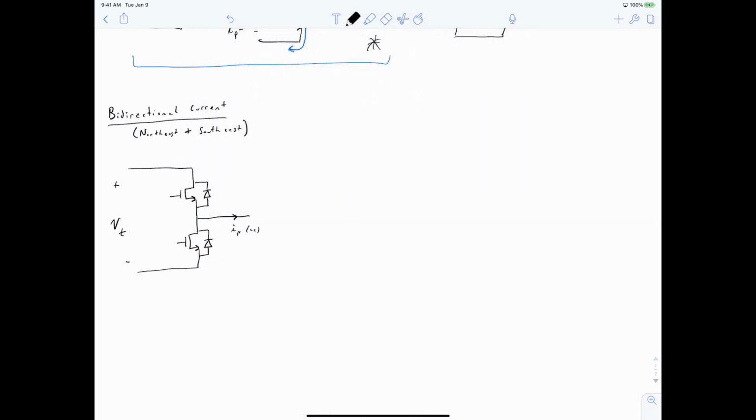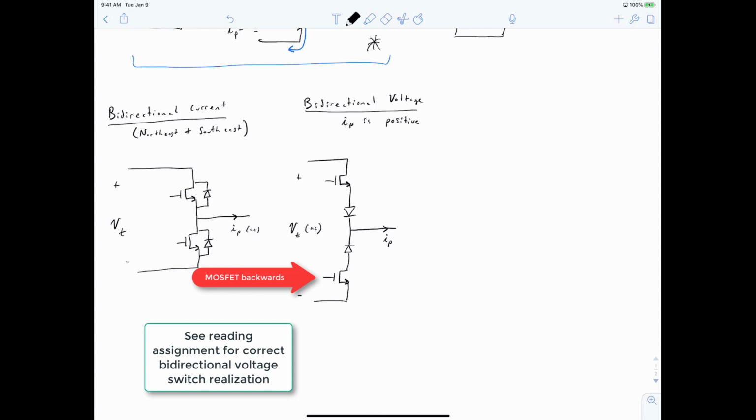Let's now consider the case where we have an AC throw voltage but a DC pole current, or in other words, an AC throw voltage and a unidirectional pole current. So clearly we again have two current paths, either through the top transistor and diode or through the bottom transistor and diode.